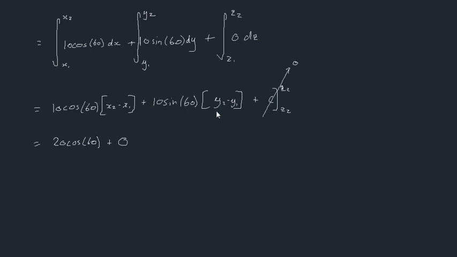So y2 minus y1 is 0 minus 0, that's 0, and x2 minus x1 is 2 minus 0, so that's just 2. So you can see how I got this value right here, and that is that 0 right there. For the sake of completeness, I'll also put the 0 for the z component too.